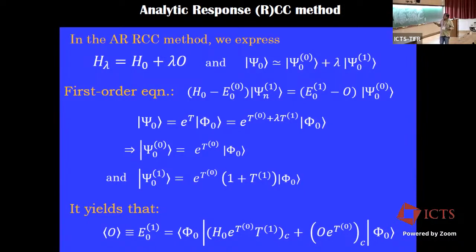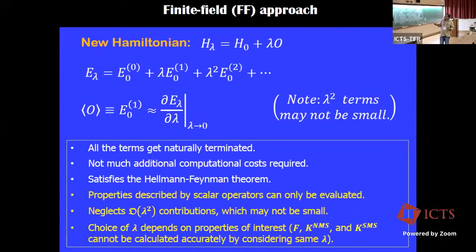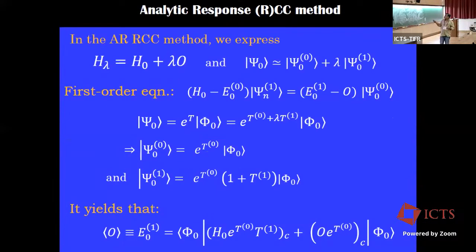And this first-order perturbed energy is nothing but, as I told you, the expectation value of the operator. Then in the coupled-cluster framework you will get some expressions like that, and it is possible to solve them. If you want to calculate the expectation value of the specific mass shift operator, which is another two-body operator, then this kind of expression is more suitable. But again, it is only for expectation values. If you want to calculate transition matrix elements, the theory is more complicated. I am not getting into that.